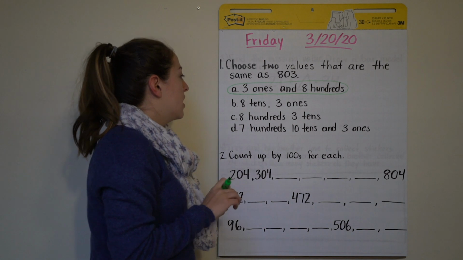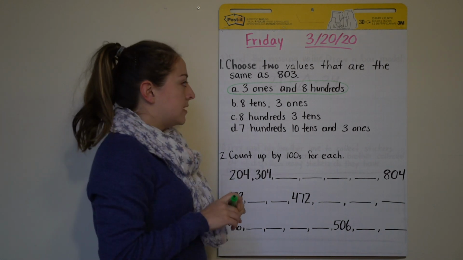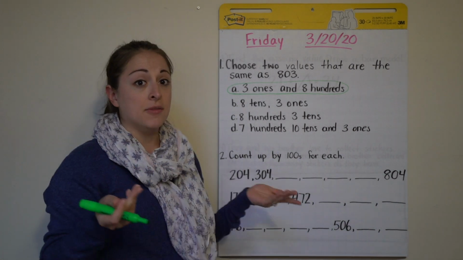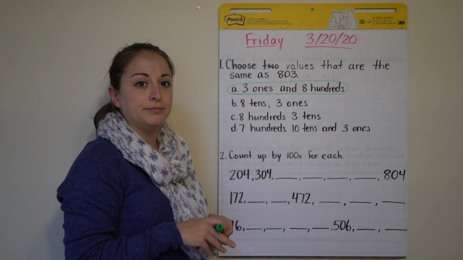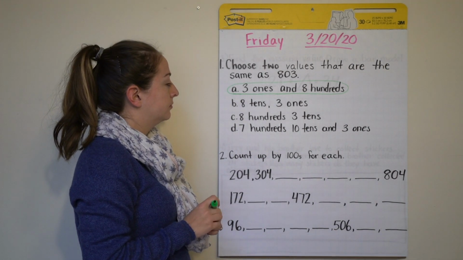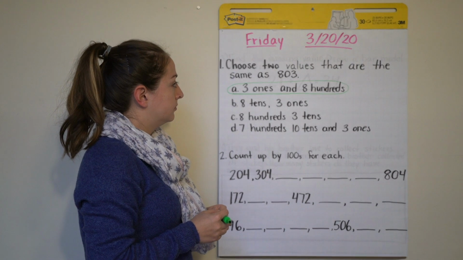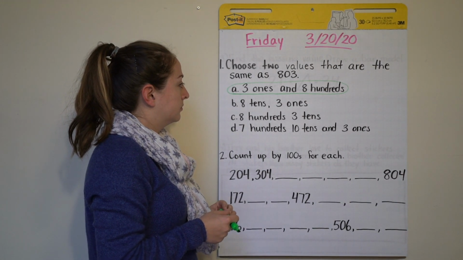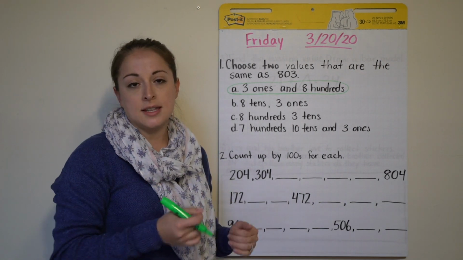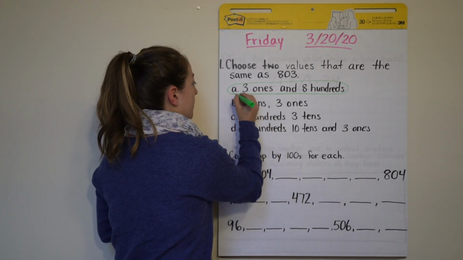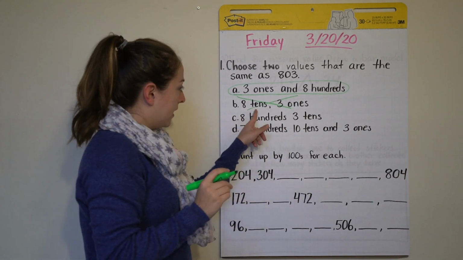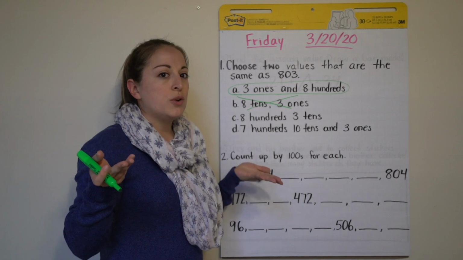B. 8 tens and 3 ones. Take a second to think about if that is the same value as 803. Okay, so it is not the same value because if you look at the tens place, we don't have anything there.